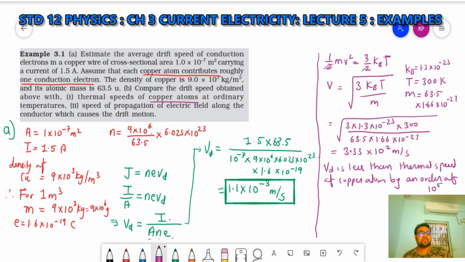Okay, by an order of 10 raised to 5. Or else you can say drift is smaller by a factor of 10 raised to minus 5.